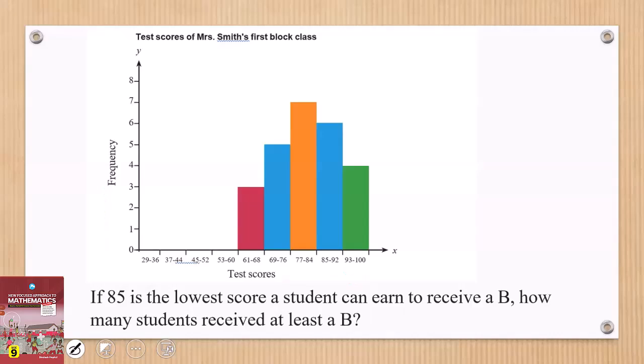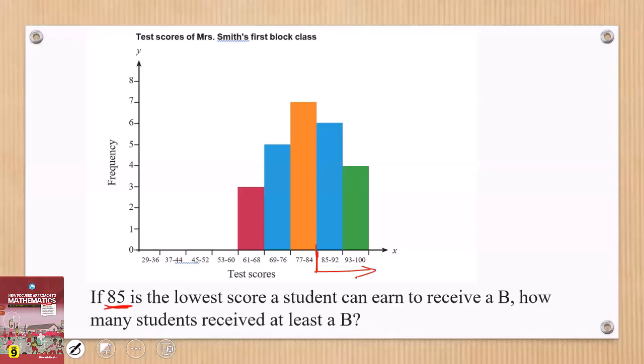Now from the graph, we can see that the point here is the beginning of 85 and above. So if the lowest score is 85, then anybody who receives from 85 and above will be receiving the score of B, because they said the lowest score for student to earn B is that. So how many people will get at least B?